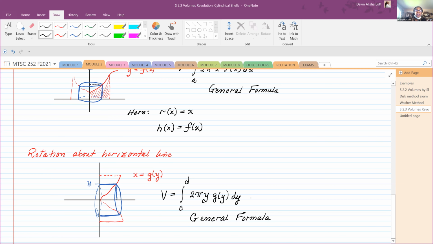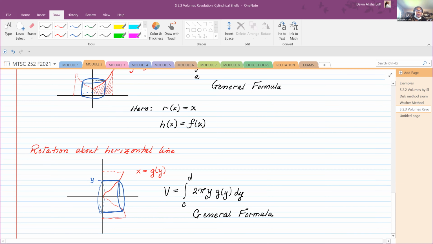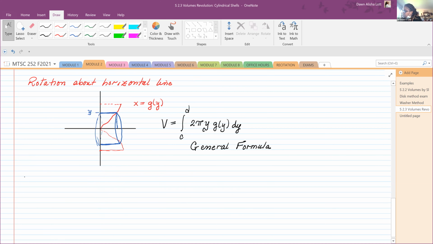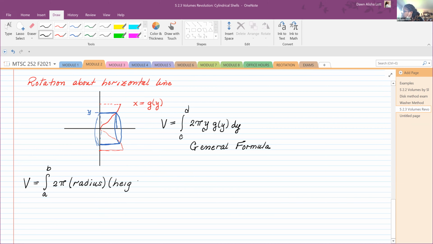So as I said, the formula that Dr. Lott uses is this one: 2 pi, you must find the radius, you must find the height, dx.